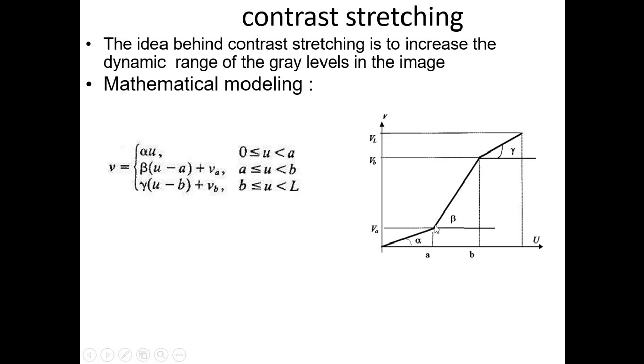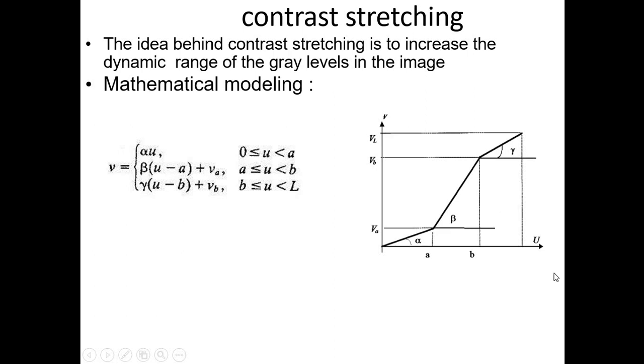So you can define this mathematically as beta times (u minus a) plus va, where u, as I said, is the original pixel value, a is this, and v is the modified pixel value.